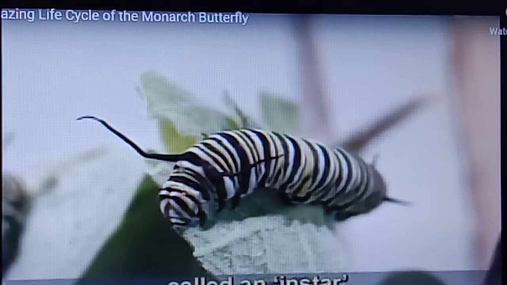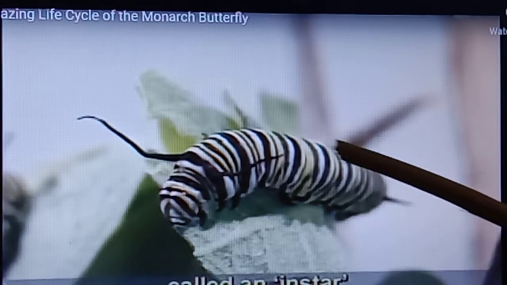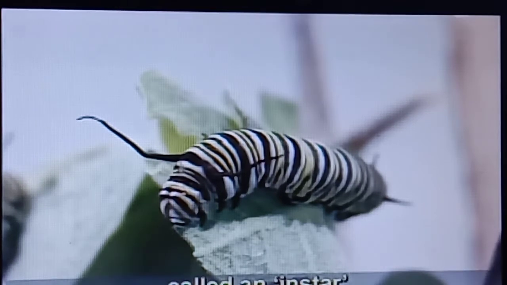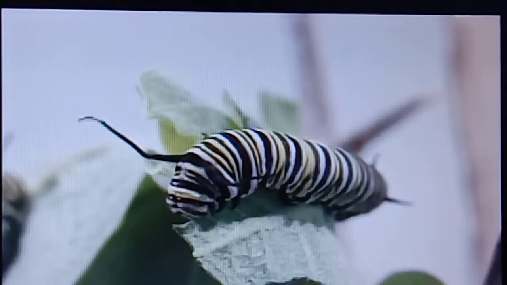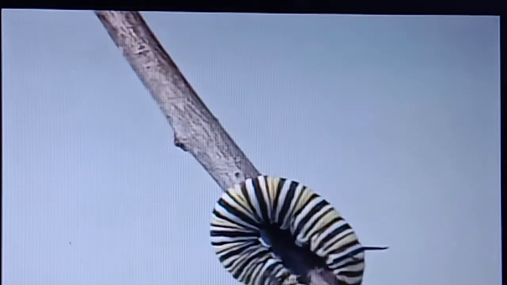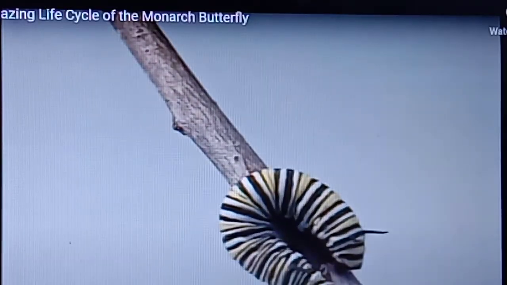Like this, the caterpillar molts 4 to 5 times. It remains in the caterpillar stage for 10 to 12 days.